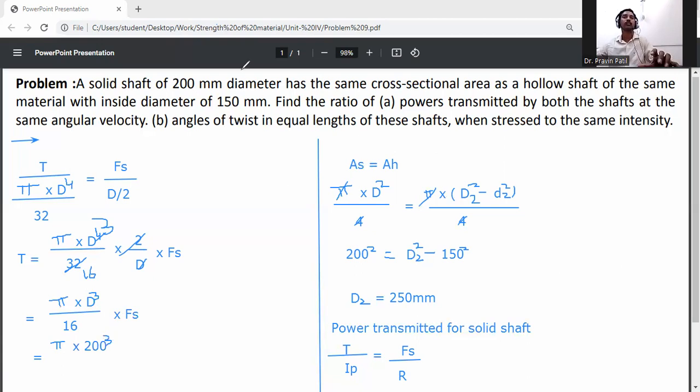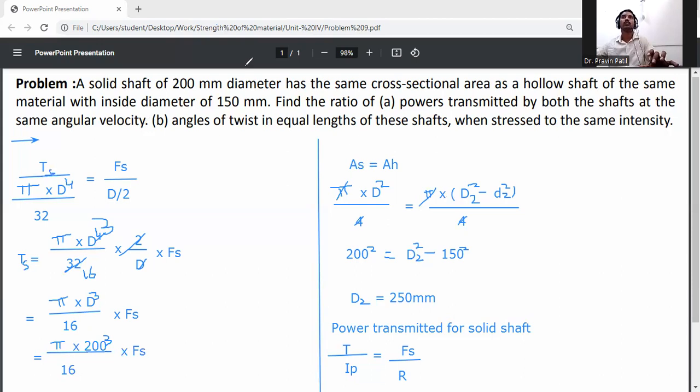We can say this one is for solid, the power transmitted for solid.